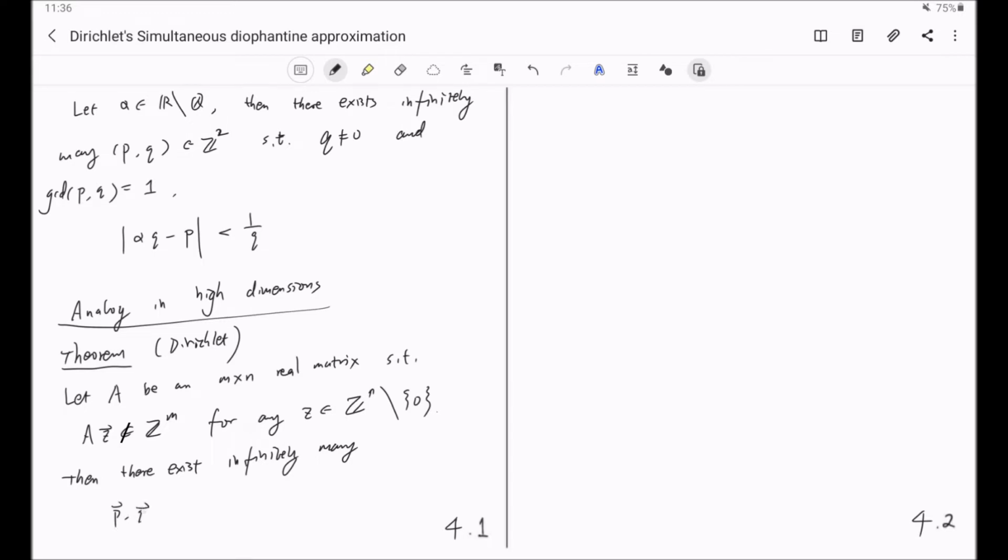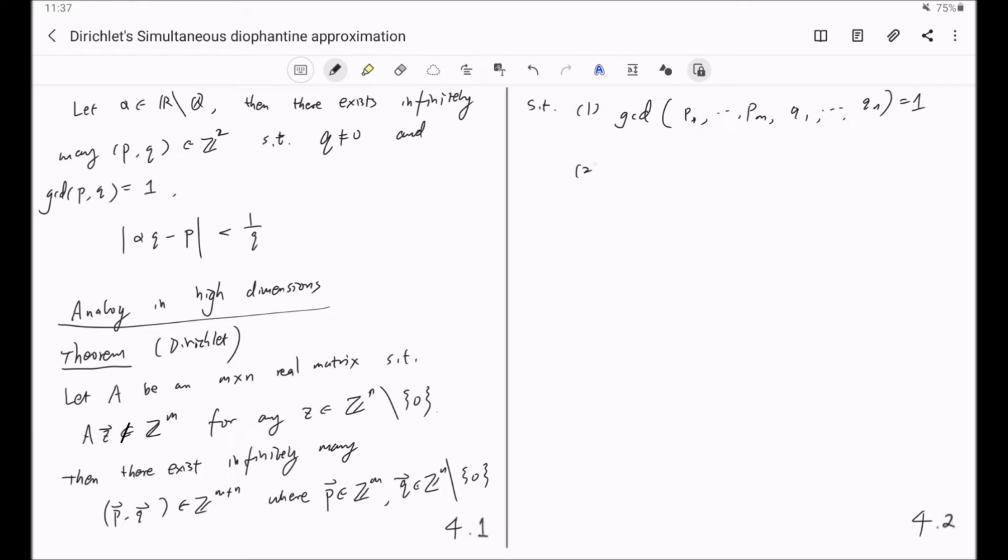pairs p, q in Z^(m+n), where p is in Z^m and q is in Z^n with 0 removed, such that first, we require that the GCD of the components of p and q be equal to 1.